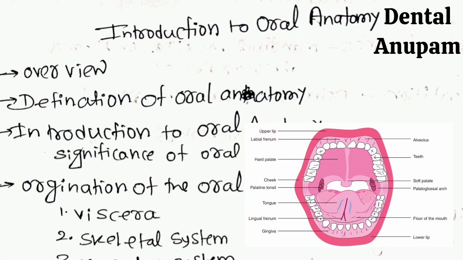It is the most frequently used part of the human body and performs many vital and essential functions for the existence of our body. Being the origin of the alimentary canal, it receives food.